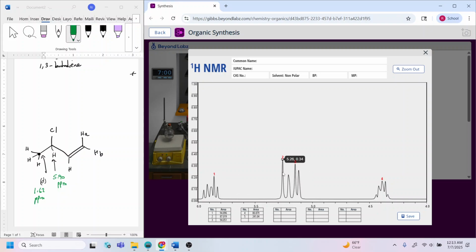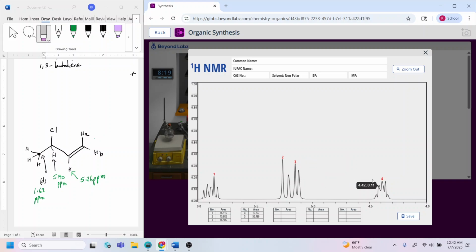So I am expecting that this is going to be position number 2 in there. It's going to be a doublet. Actually, it's more than a doublet, but let's assume that it is going to be a doublet in this case. So those two belong to position number 2. And it's going to be a doublet. It's made up of 1 hydrogen, and this is around 5.26 parts per million.